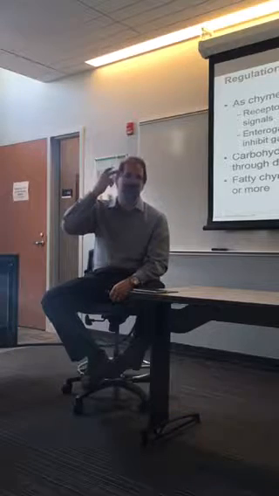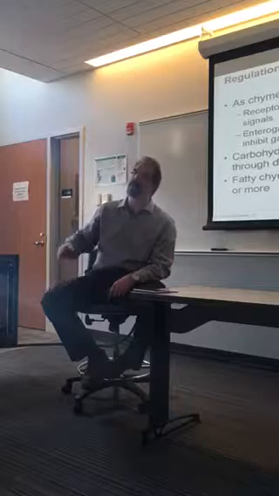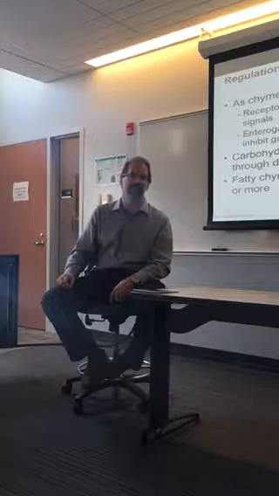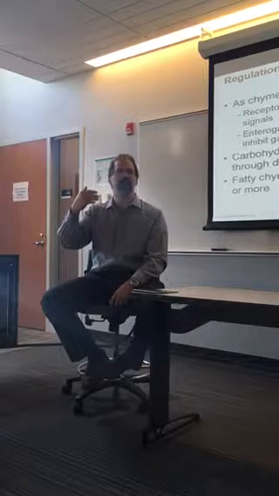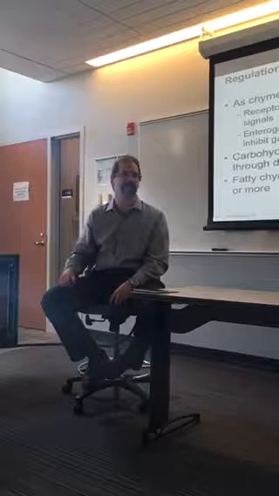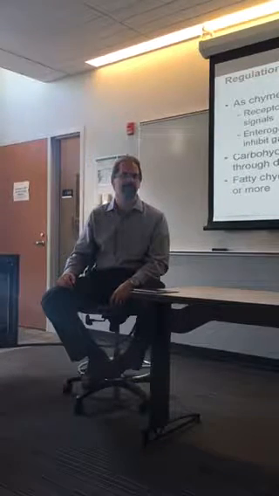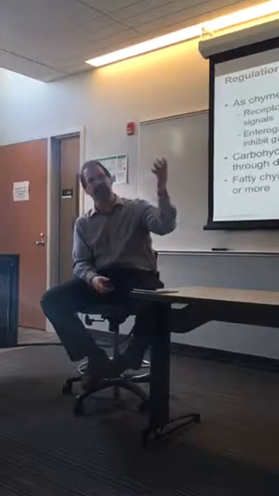So here you can make the connection: you've got a lot of acidic chyme coming into the duodenum, which is why we need a lot of pancreatic secretion to neutralize it. CCK also stimulates the pancreas, but not to as great an extent as secretin. Likewise, secretin will also stimulate the gallbladder, but not as much as CCK.